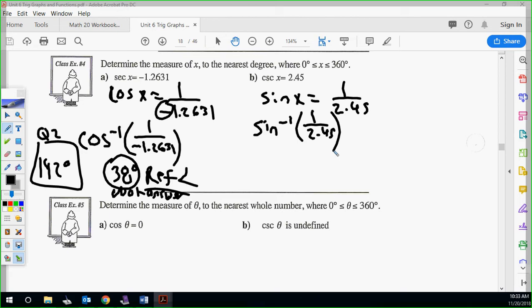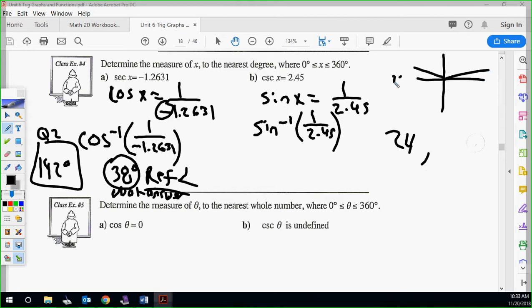44. Now, I'll ask the question again. Is 44 one of our answers? 24 or 44? 24. I just heard wrong? Okay. Is 24 one of our answers? Yes, because I have sine of a positive and 1's a positive quadrant. Where else is it positive? 2. It's going to be positive here and here.